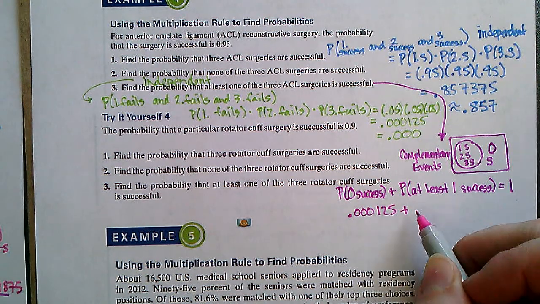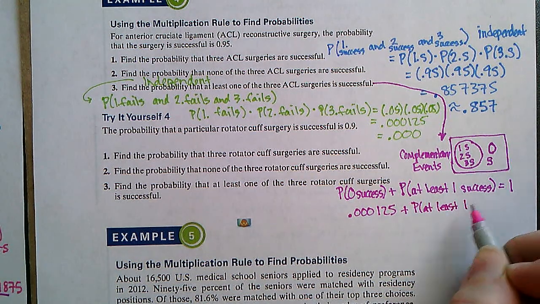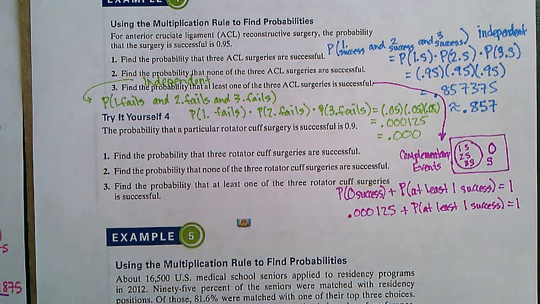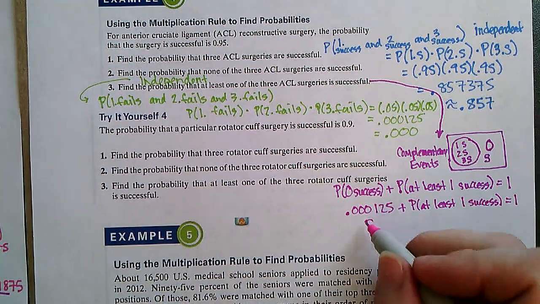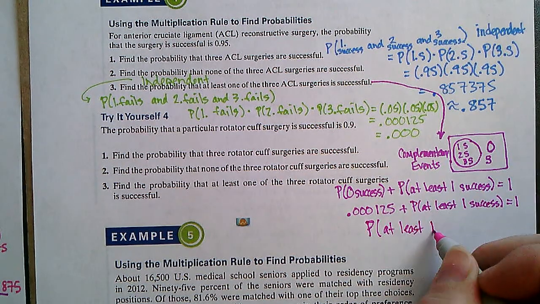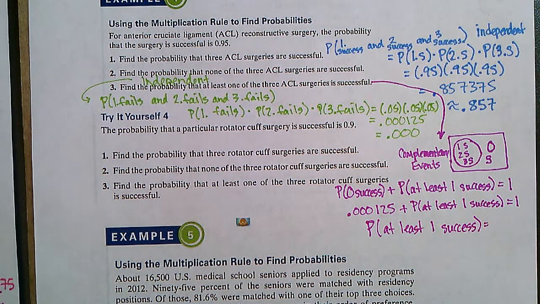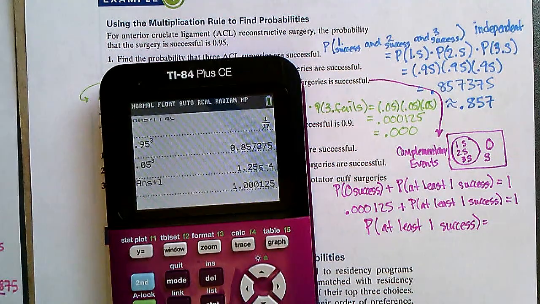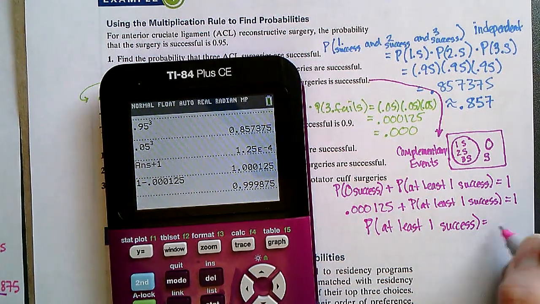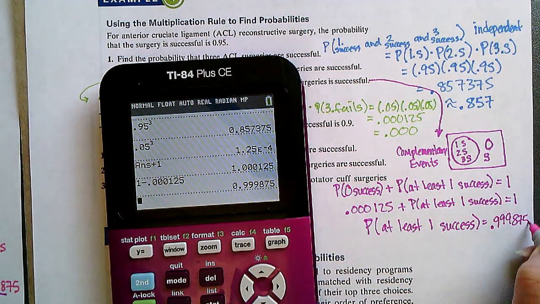And then what we want is the probability of at least 1 success. When I add those together, I get 1. So I can solve this and figure out that the probability of getting at least 1 success will be 1 minus 0.000125, which is 0.999875.